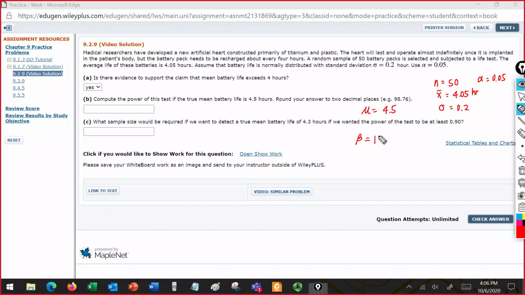So this will be the probability of x bar is less than 4.05, the mean, when mu is 4.5.